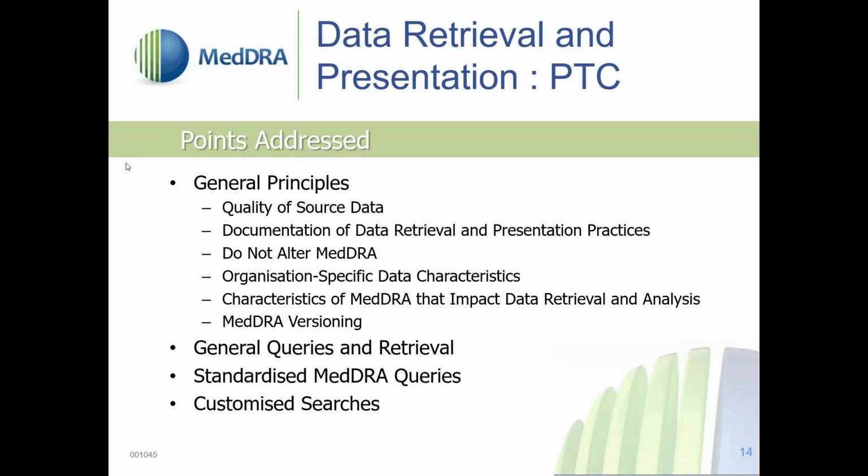But to recap from the last time, I would just go through the general principles and provide some information. So the quality of source data is key. When receiving vague or ambiguous information, one should always seek clarification, because the quality of the data output really strongly relies on the quality of the data input.